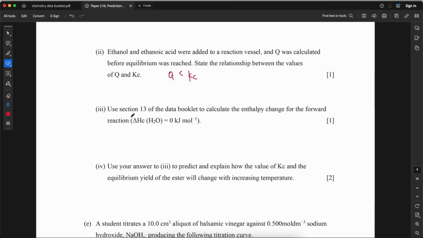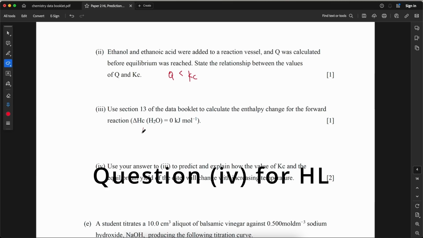Use section 13 of the data booklet to calculate the enthalpy change for the forward reaction. So the delta H would be delta H reactant minus delta H product.